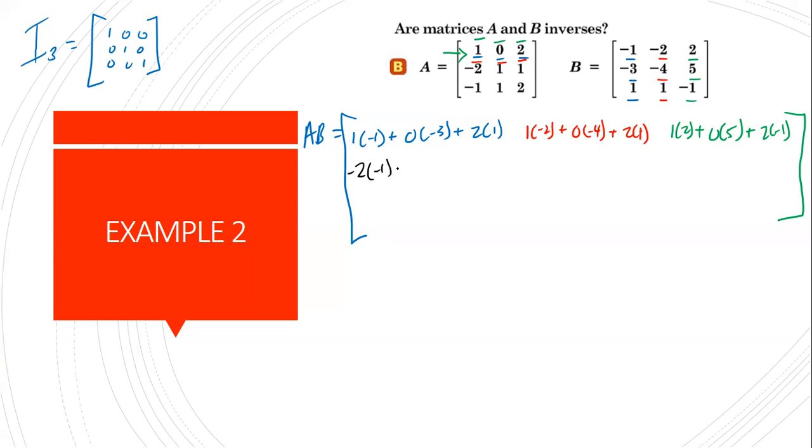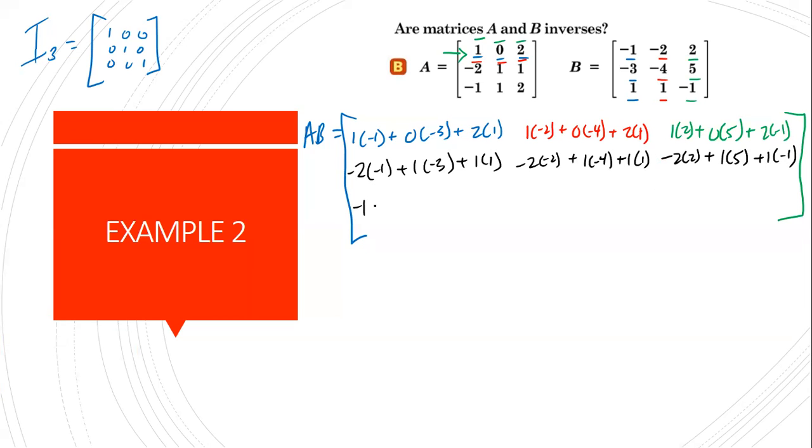So -2 times -1 plus 1 times -3 plus 1 times 1. -2 times -2 plus 1 times -4 plus 1 times 1. -2 times 2 plus 1 times 5 plus 1 times -1.